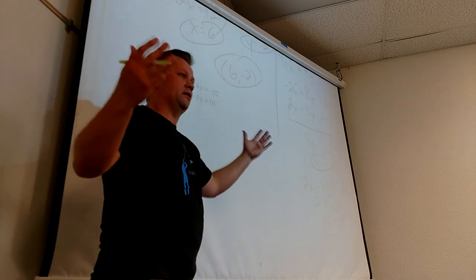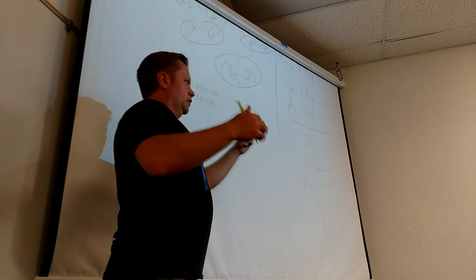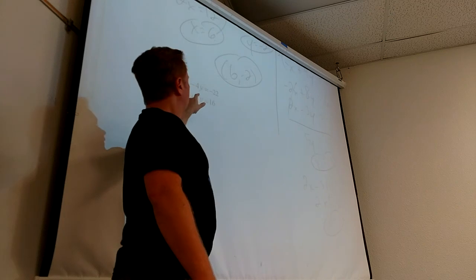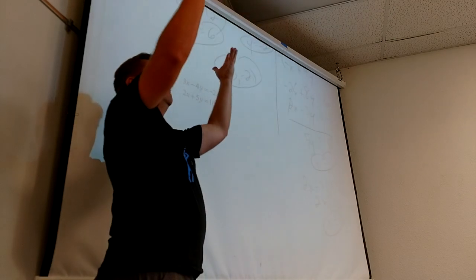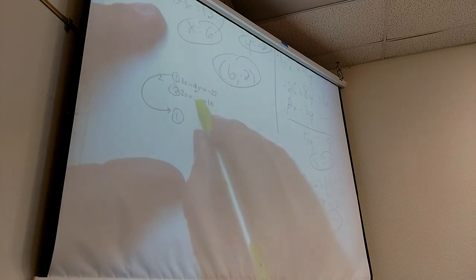But it doesn't matter which letter you kill first. If I kill the y's, we'll do it both ways. If I kill the y's, what's the LCD, or what number can 4 and 5 both become? 20. So I'm going to multiply the first one, let me call them 1 and 2, by what? By 5.